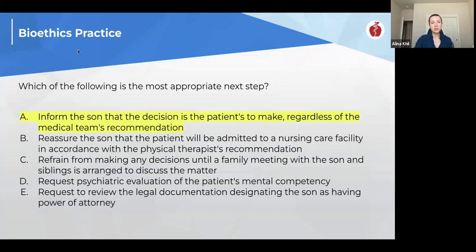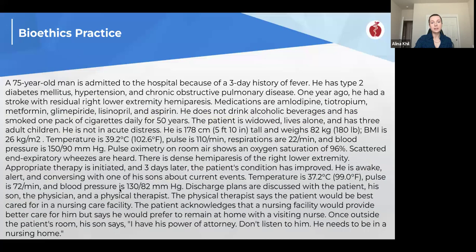And in this question here, we saw that this patient did acknowledge, and he knew essentially that the nursing facility would be better for him. So he acknowledges that, but he still is able. So that tells us he does have capacity.